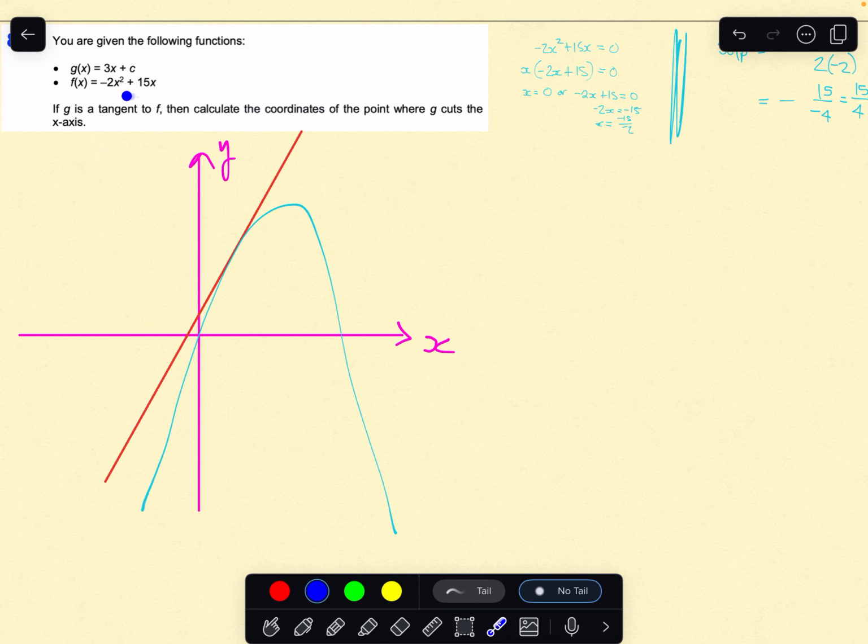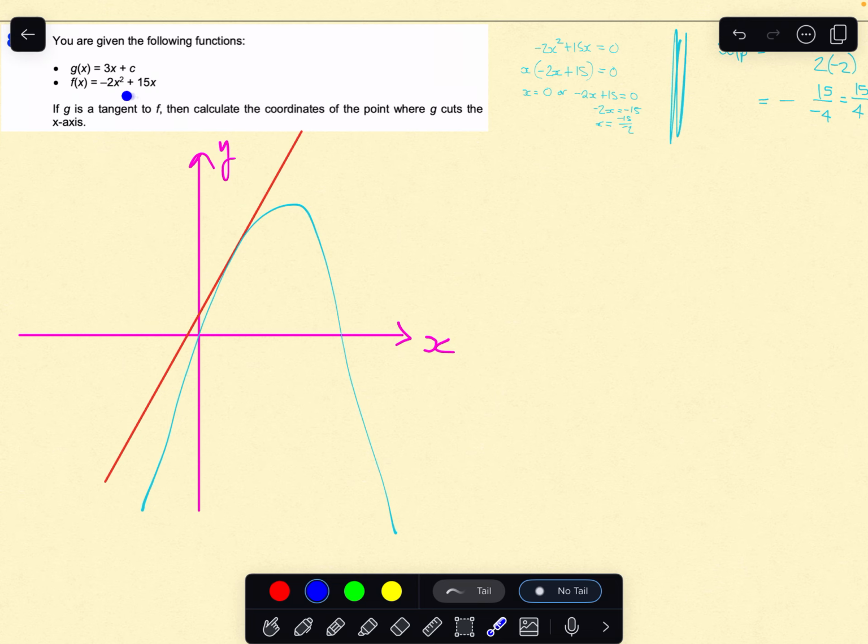And then that will tell us this is the x value where this line is a tangent to the curve. We can then use that to figure out the equation of this line and then find the x-intercept from there. So we begin by finding the gradient function for our parabola. f prime is equal to minus 4x plus 15.